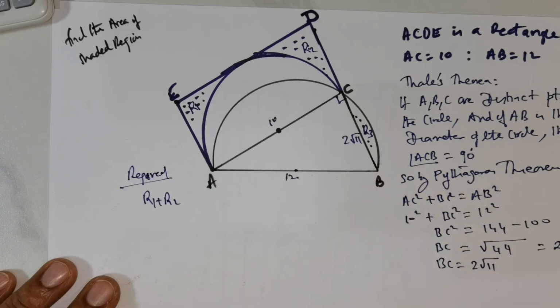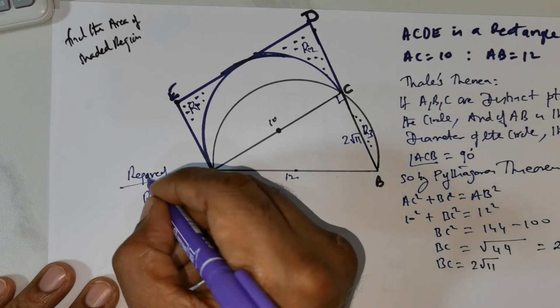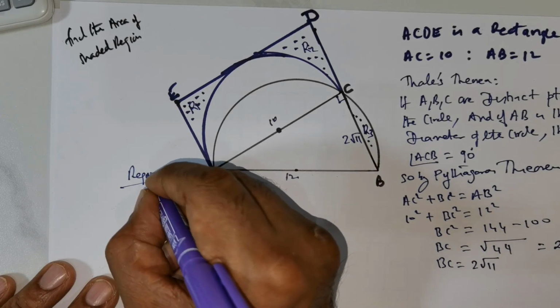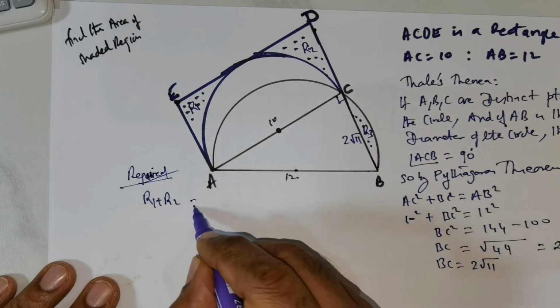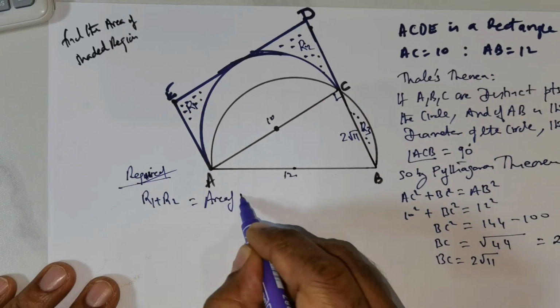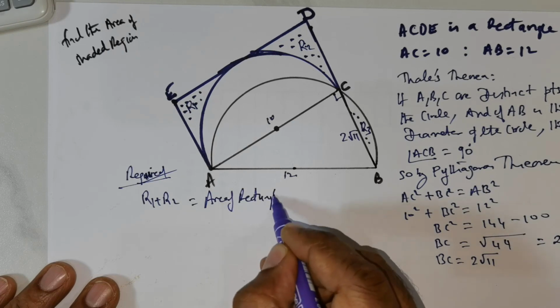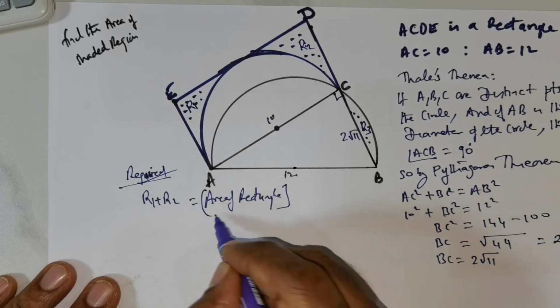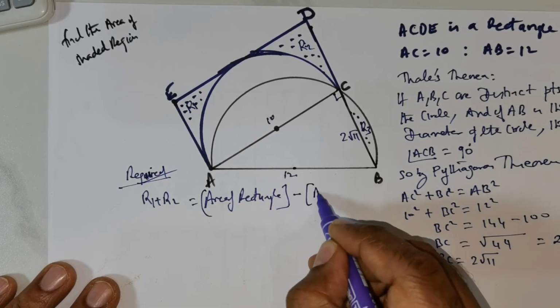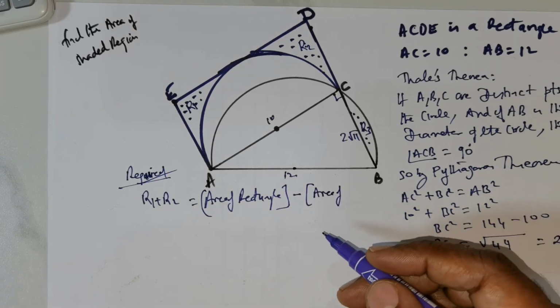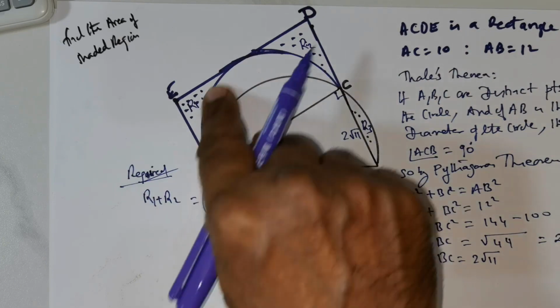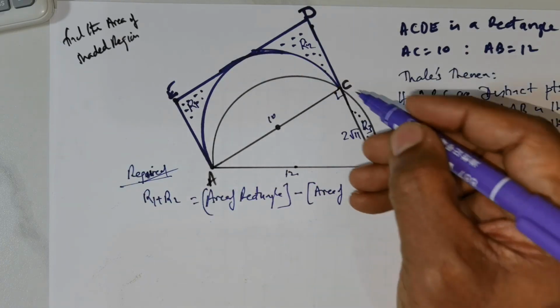The required region R1 plus R2 is equal to the area of the rectangle. From the area of the rectangle, I subtract the area of the semicircle.